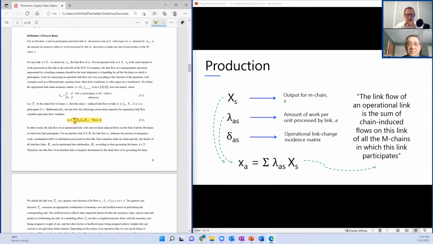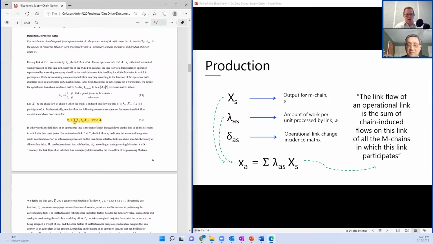And the next variable, lambda AS, is the amount of work per unit processed by that link for that particular chain. And so, you can see in the equation below, just for illustrative purposes, the role of the lambda AS is to take total output and put it through a filter to pull out what's actually required from operation link A specifically. So that's how much of A is required to produce a single unit of a product.